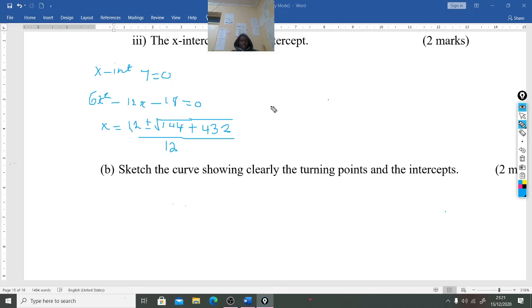So meaning that x equals 12 plus or minus the square root of 432 plus 144.